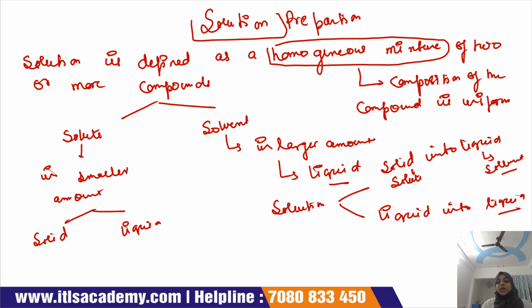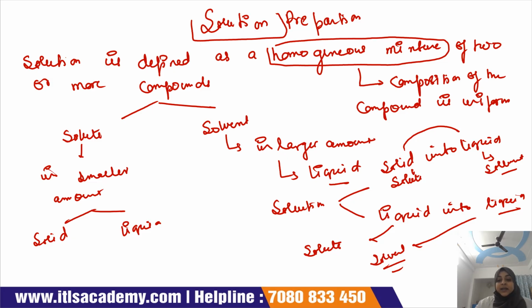That is called a solid into liquid solution. The second is liquid into liquid solution, in which the solute is also liquid and solvent is liquid. Okay, so this is how the solutions are divided.